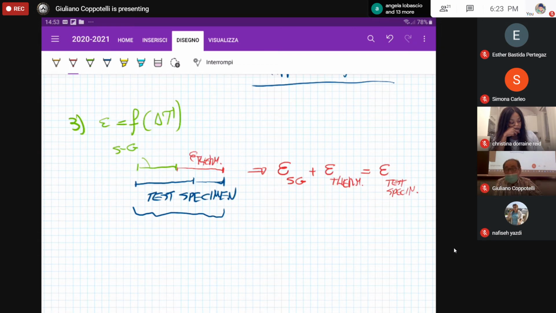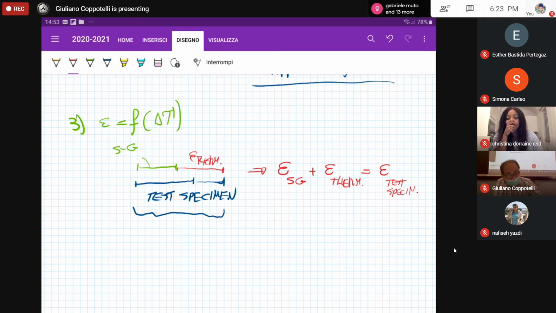Now, I just want to remind you of the relation between the strain and the temperature field. Remember the linear coefficient of thermal expansion.